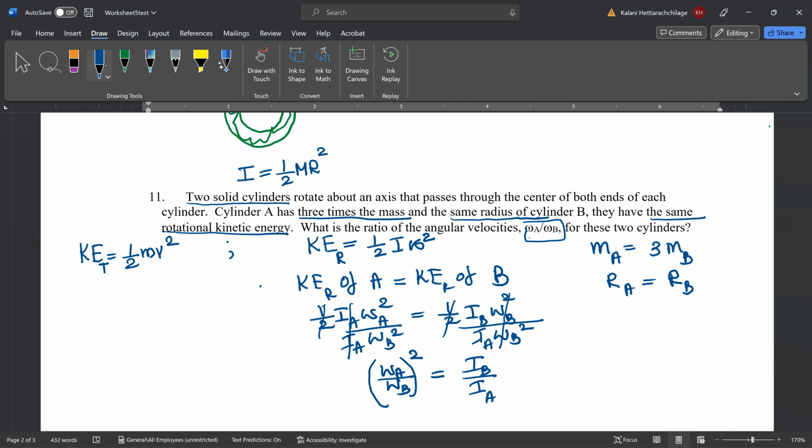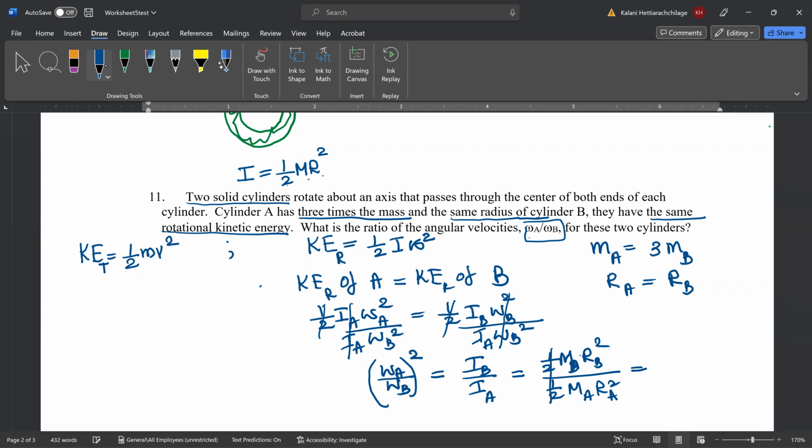Okay, so now let's rewrite this. I B over I A. How do I write it? That is half m R squared. I'm going to write half the mass of the B object, B being the numerator, R B squared, divided by half the mass of the A object, R A squared. The half cancels out.